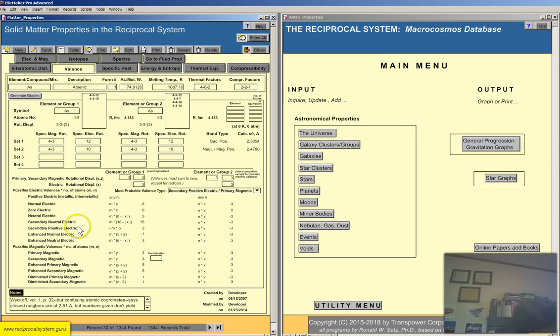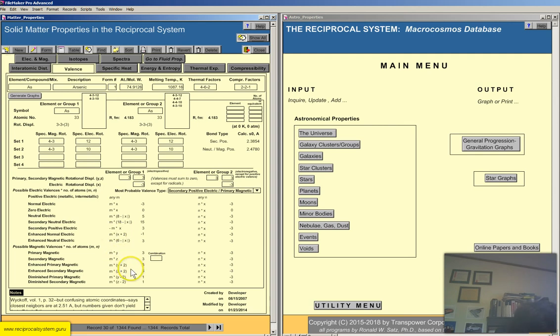So secondary positive electric, you can see there's a 3 here, and there's a -3 here. So that's what it is, secondary positive electric. The primary magnetic is down here, so that's another possibility, 3 and 3, 3 and -3. It's got to add up to 0 here.